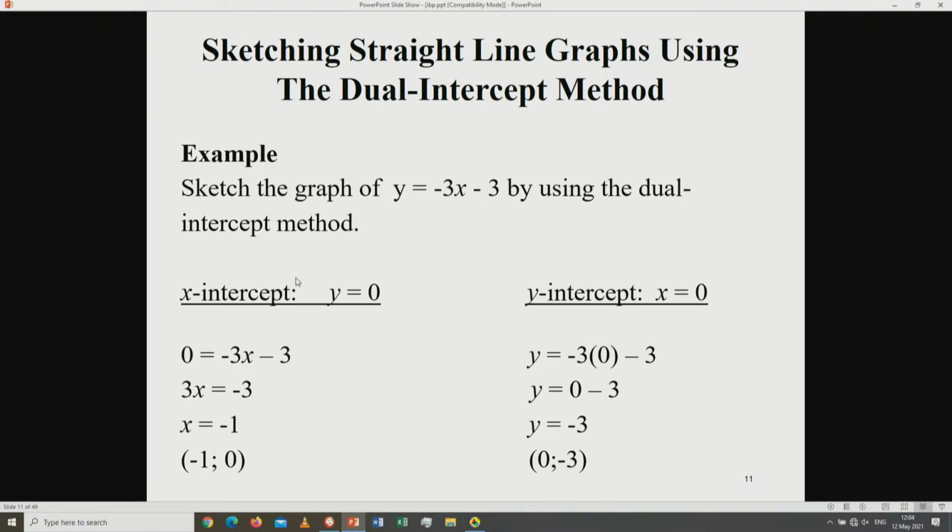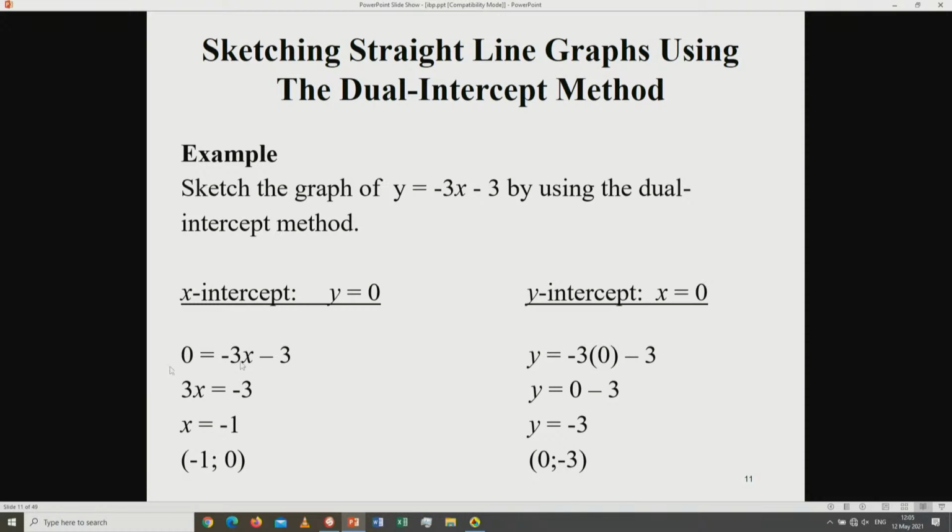You have learned in the previous example that when the graph cuts the x-axis, at that point y is equal to 0. And when the graph cuts the y-axis, at that point x is 0. Now we're going to use the very same thing. For the x-intercept, because that's where the graph cuts the x-axis, y at that point is equal to 0. So we substitute y by 0. That is why we have 0 equals minus 3x minus 3.